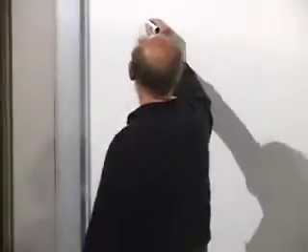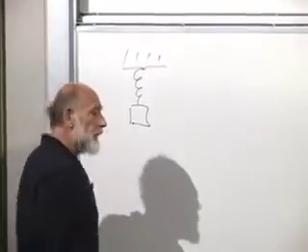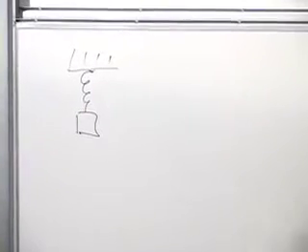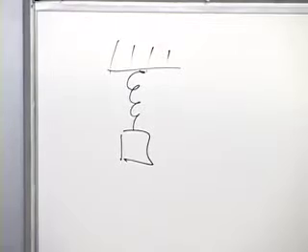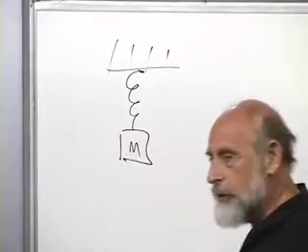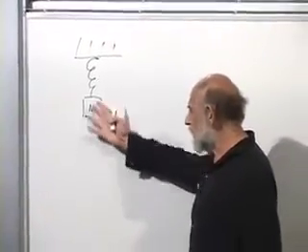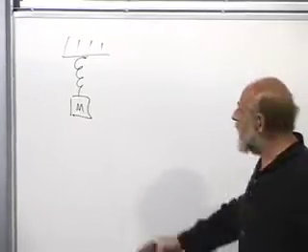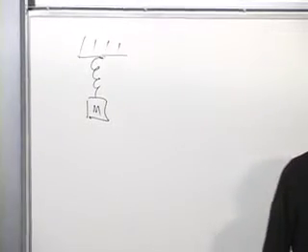Examples are a weight hanging from a spring. Okay, so the ceiling, a spring, a weight. We can prove for the case of an ordinary spring that the weight, the mass, finds an equilibrium position. It finds an equilibrium position in the gravitational field in the vertical place here, where the gravitational force down exactly balances the spring force up.